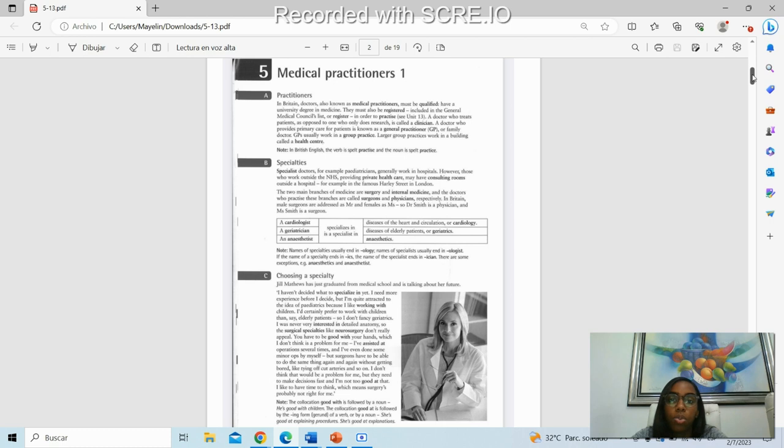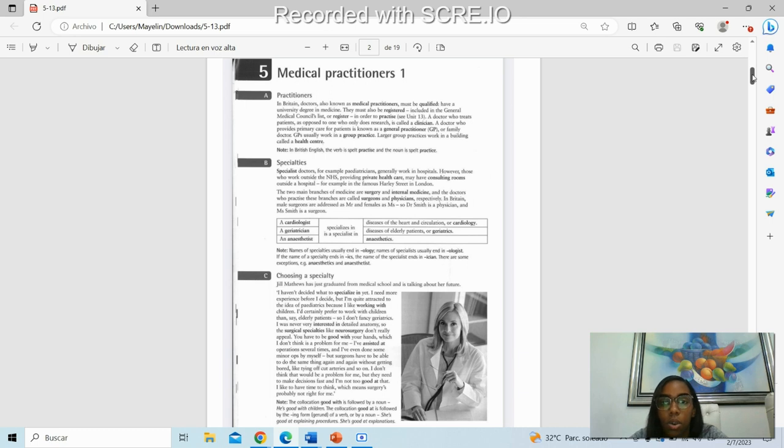A doctor who treats patients, as opposed to one who only does research, is called a clinician. A doctor who provides private care for patients is known as a general practitioner (GP) or family doctor.